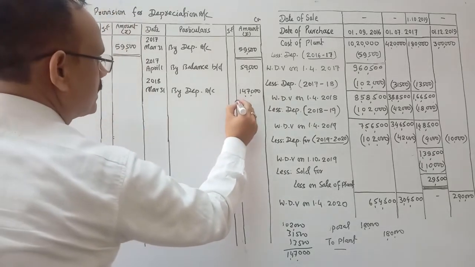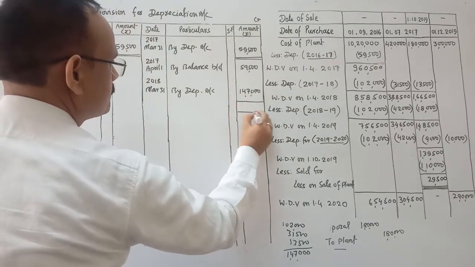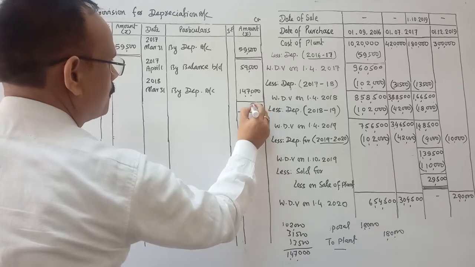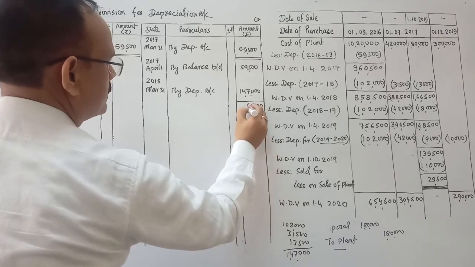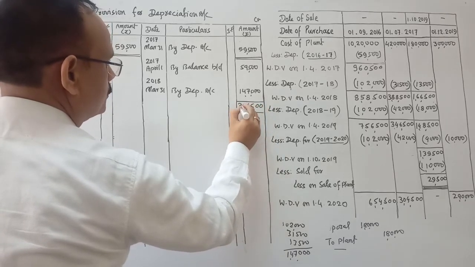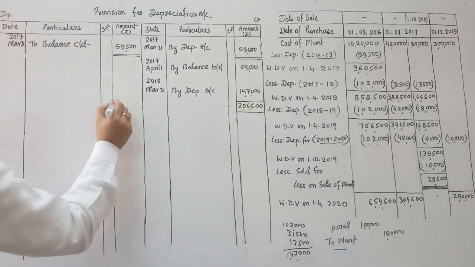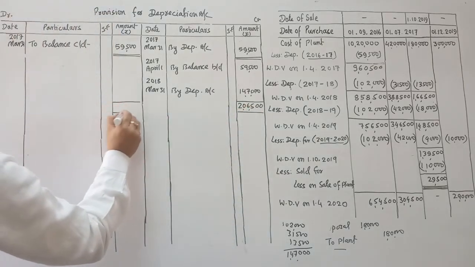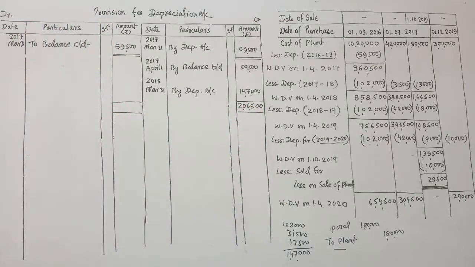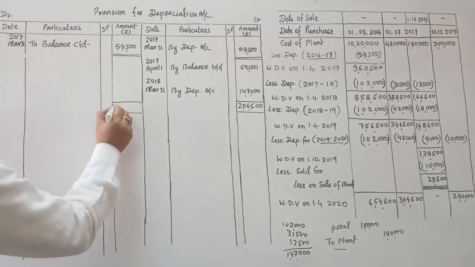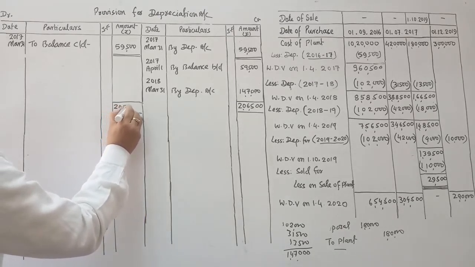So do the total once again. This side also, in this financial year, the total is 2,06,500.